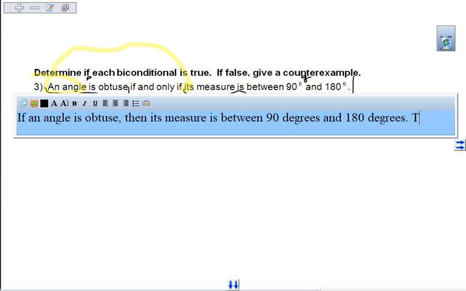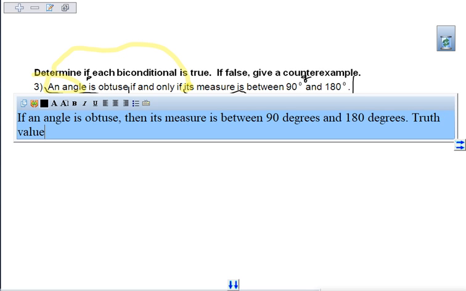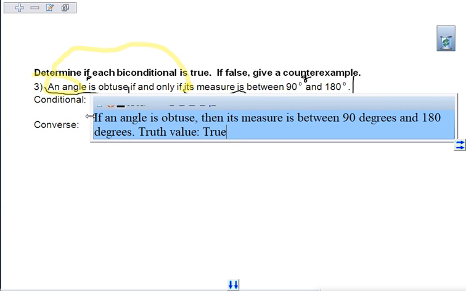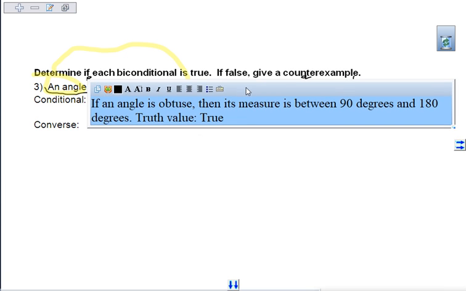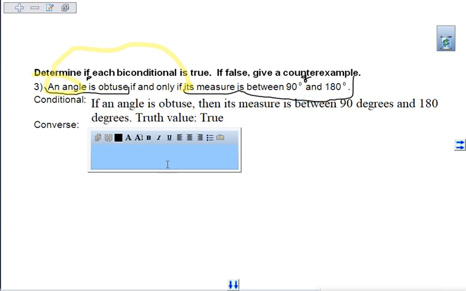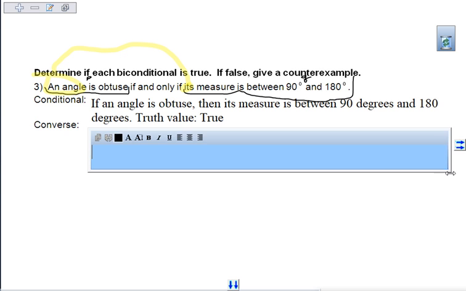And what's our truth value for that statement? It is a true statement. And then we need our converse.